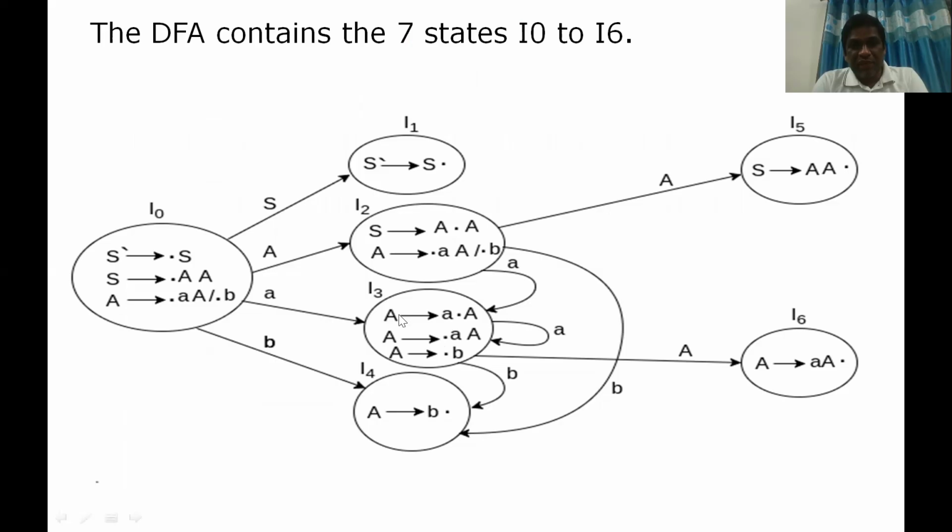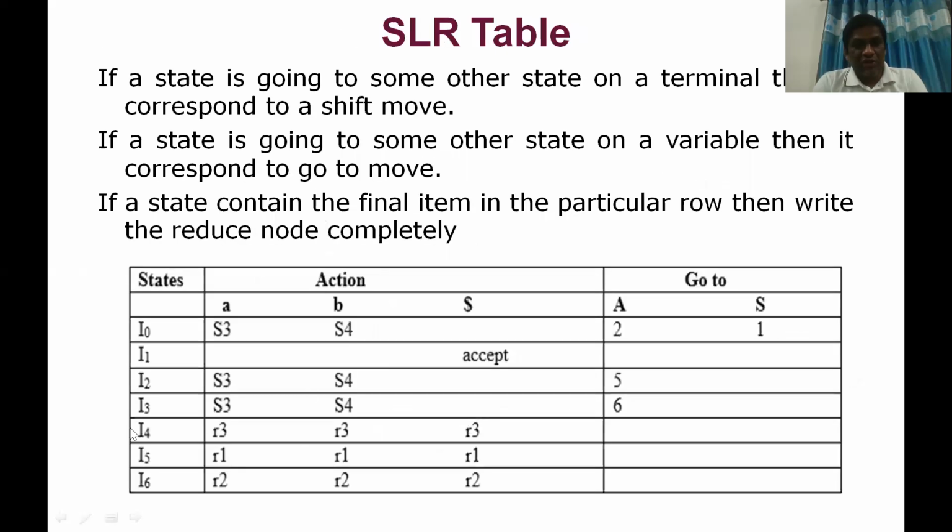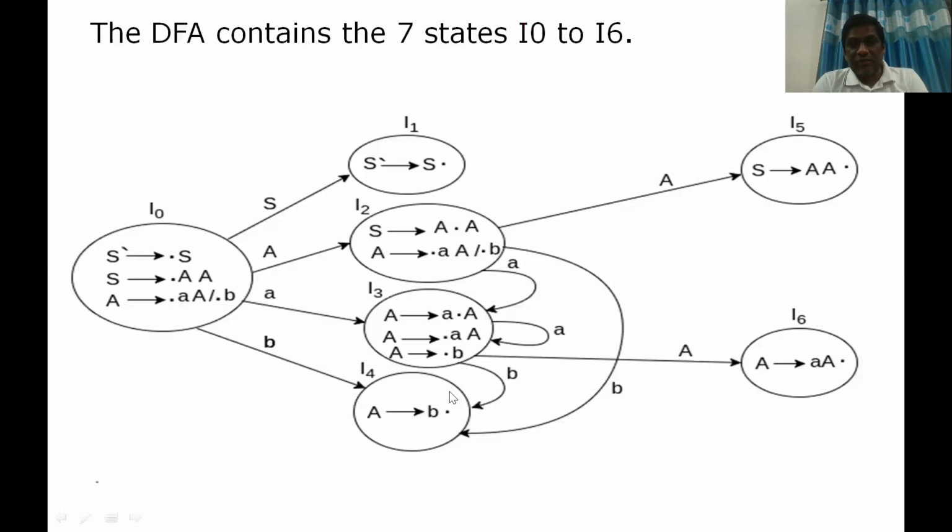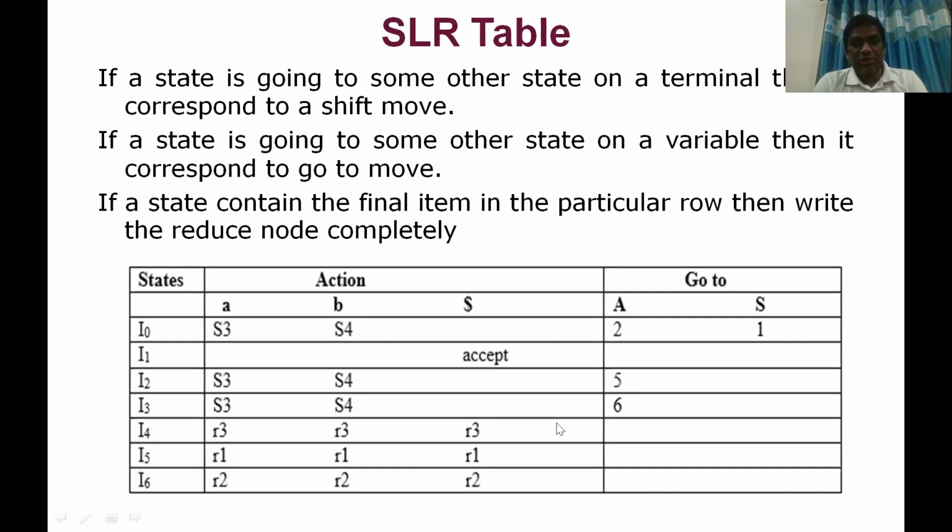And I3 on b is going to I4, so I3 on b is shift 4. Any other terminal? No. So there are 6 terminals on the arrows, and your table should contain 6 shift operations: 1, 2, 3, 4, 5, 6.